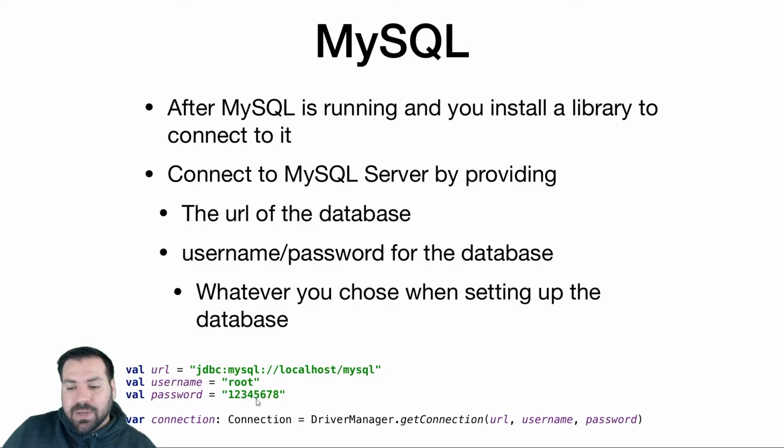You can also set up a separate account if you don't want to use root, and then use that username instead of logging in as root. And then you're going to make that connection using those three pieces of information, and then you'll have a database connection. In this JDBC library, this is going to make the TCP connection and give you a way to send SQL statements to the MySQL server.